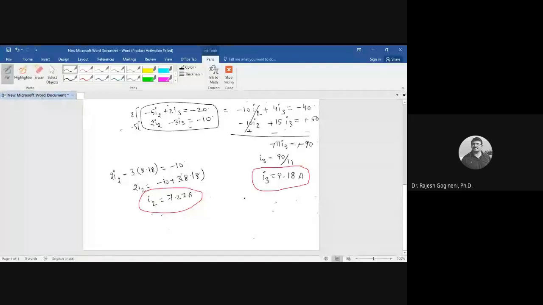That means remove that loop and apply the KVL equation for the remaining loops and find the currents. So from that loop where we neglected the current source, we'll get a relation in the unknown currents. So use that relation to solve the unknown currents, right?